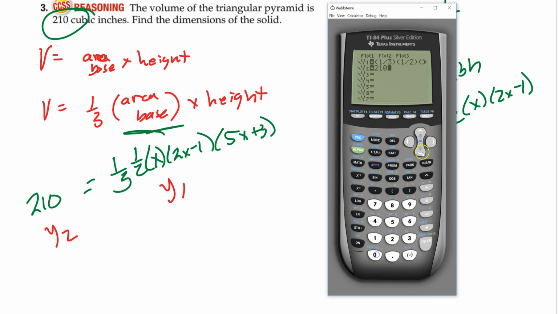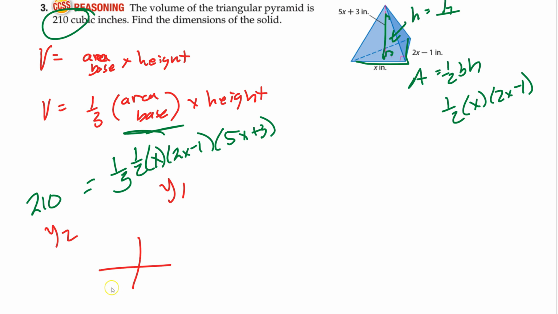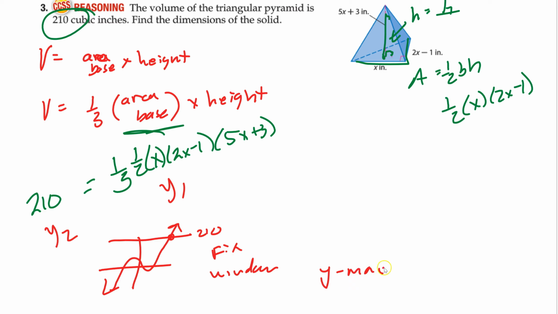If you remember what I mentioned last time, if I know the graph, the graph's going to look something to this effect. But 210's way up here. So you've got to fix the window. Make sure the y max is maybe 250 or 300, and the y min could be anything.